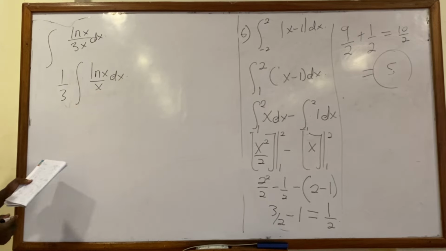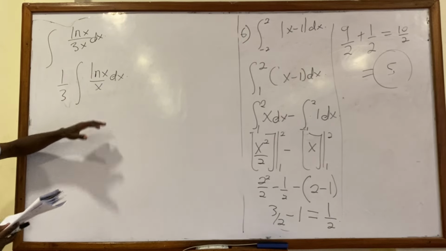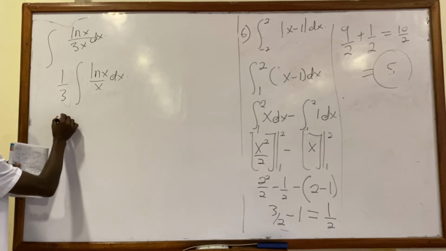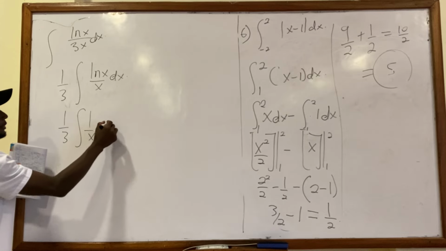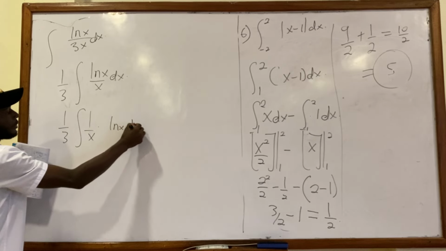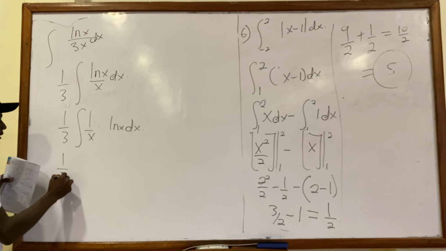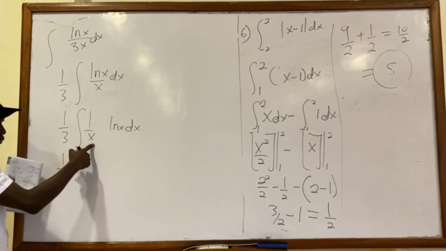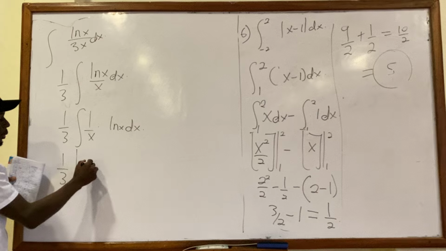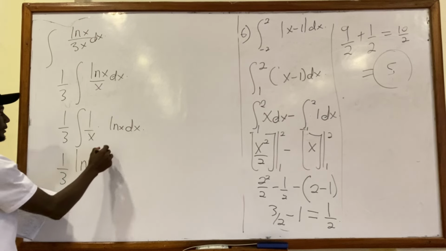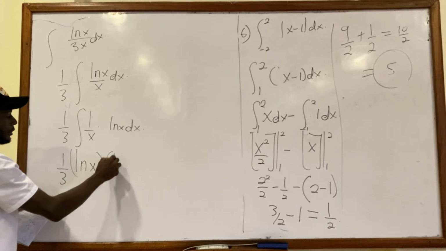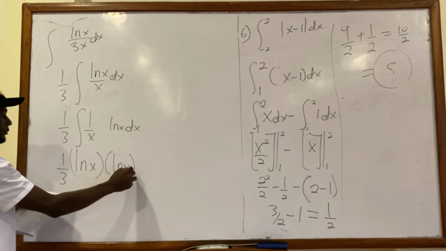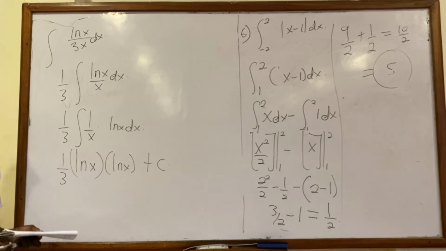All right. So when you have this, you can integrate this. We know that this is 1 over x times ln x. And so we have 1 over 3 integral of ln x times 1 over x, and 1 over x is the derivative of ln x. Times this is a constant. All right. So we have ln x, plus constant of integration.